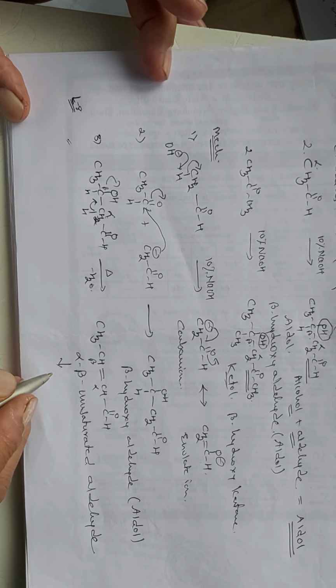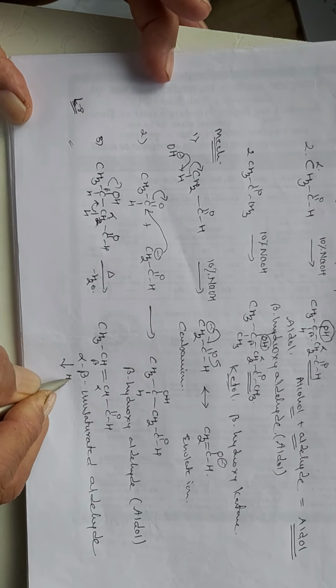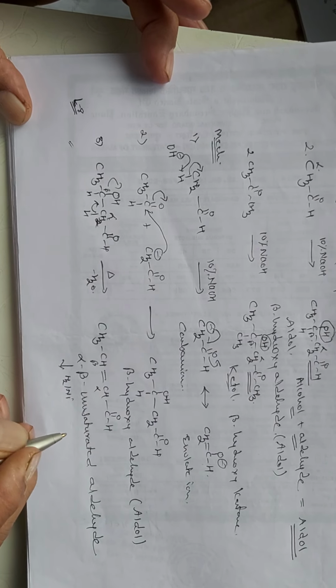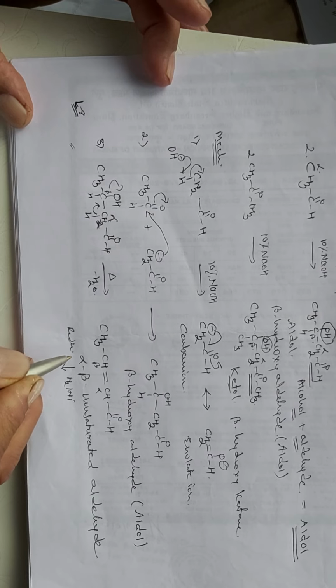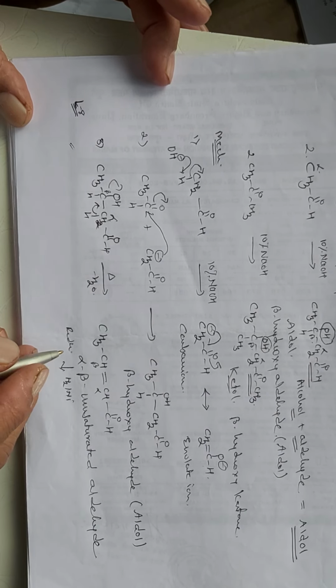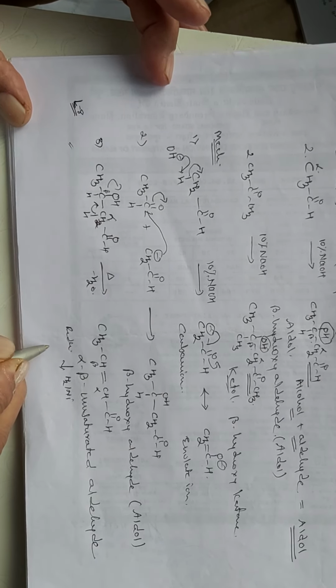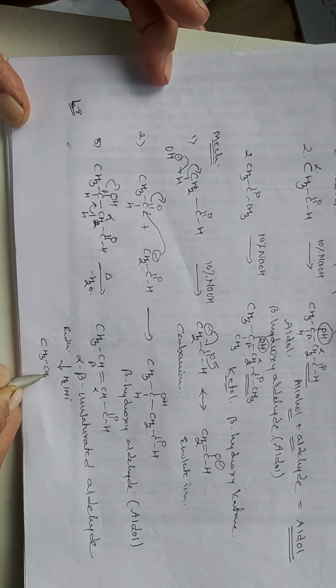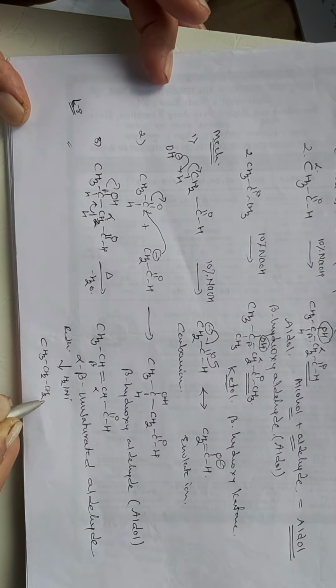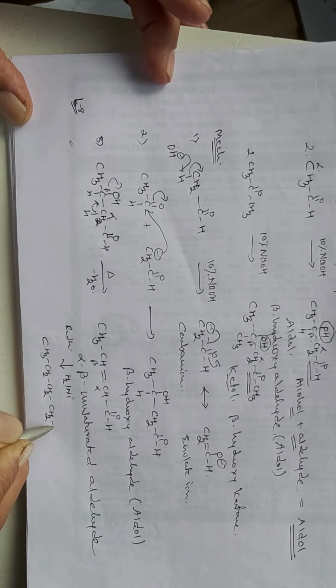Further, you can convert this by reduction with hydrogen and nickel. In the presence of hydrogen and nickel, it undergoes reduction, and you get the formation of a molecule, that is CH3CH2CH2CH2OH.